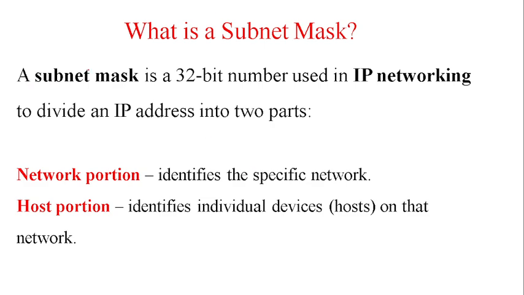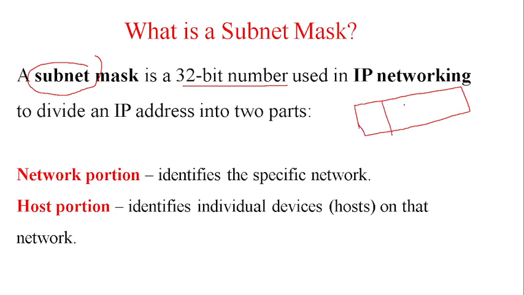A subnet mask, the name itself tells subnetworking. A subnet mask is a 32-bit number used in IP networking to divide an IP address into two parts. We know already the IP address is of 32 bits with 4 octets, that is 8 bits, 8 bits, 8 bits, 8 bits. So this is the whole IP address.